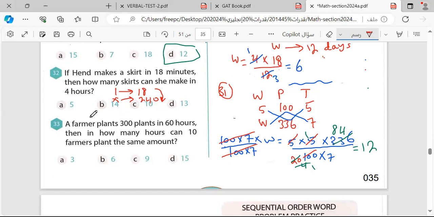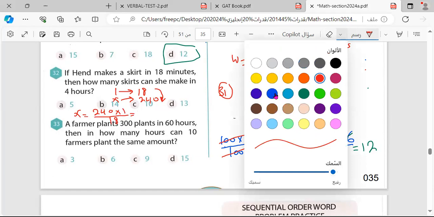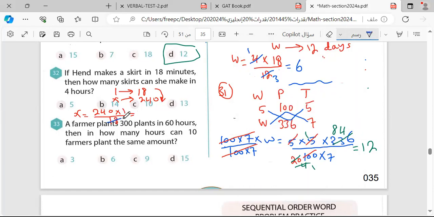Because it's not equal. So X equals 240 times 1 divided by 18. You can simplify. By 6 is 3. By 6 will be 40, right?